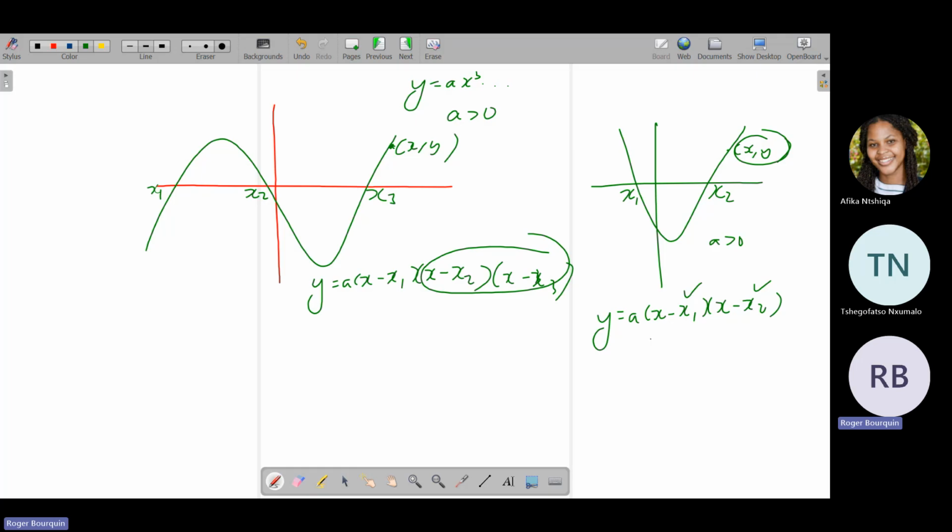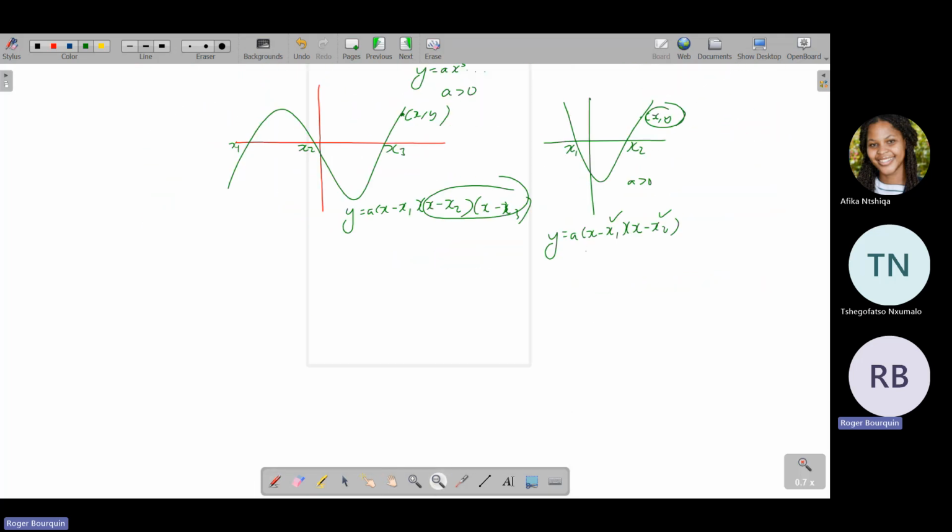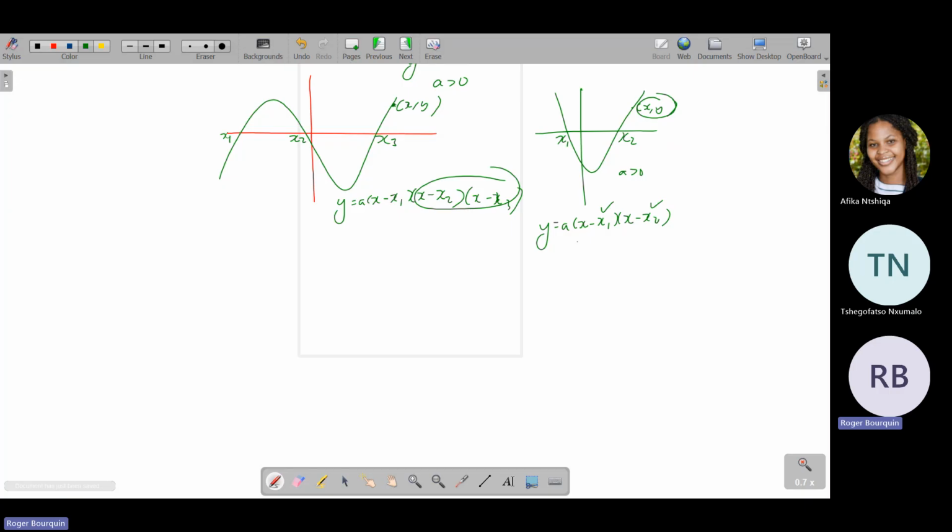Now you don't always have three different intercepts, but the trick to remember is this. If you have a point which is a turning point and an x-intercept, I gave you something like this. It turns on the x-axis.